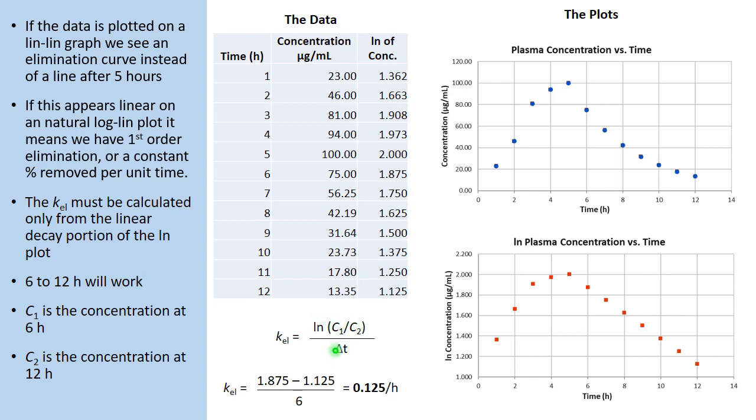Of course, that's divided by the change in time. In this example, I looked at 6 hours and 12 hours, and the difference in time was 6 hours, so that's what I entered on the bottom there. And that gave me 0.125, and again, that's the fraction of drug eliminated per hour.